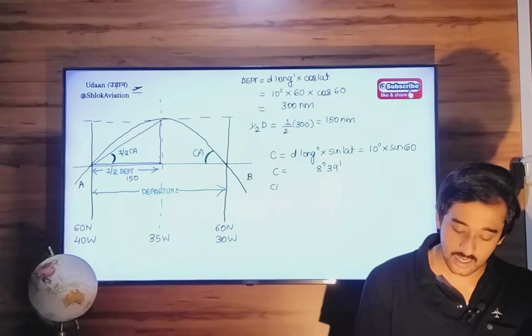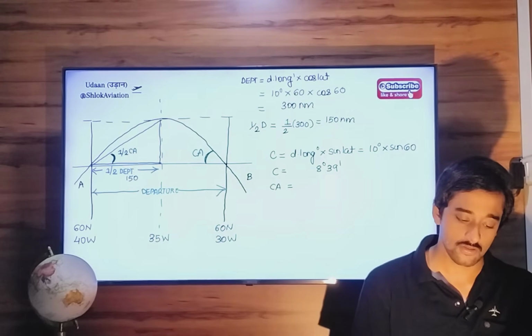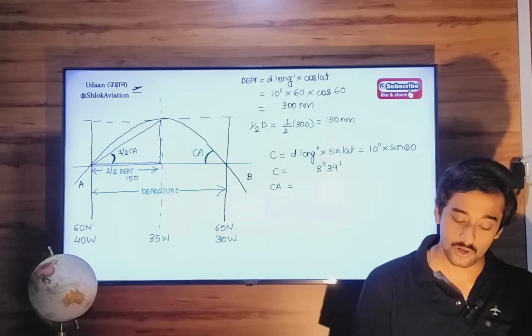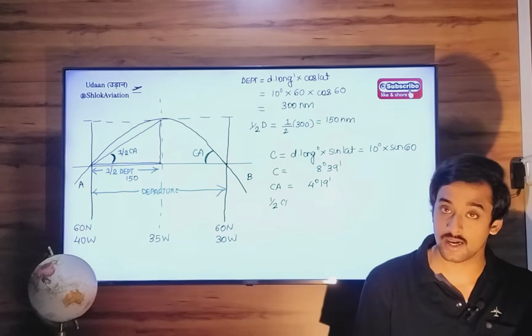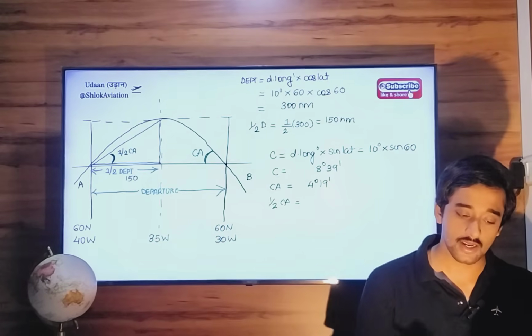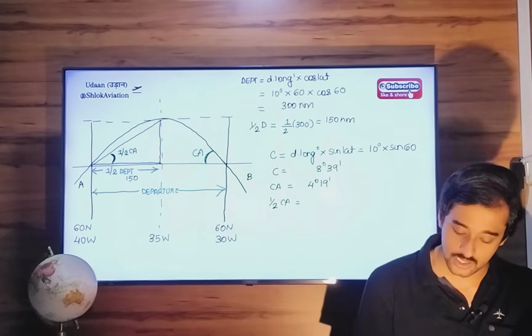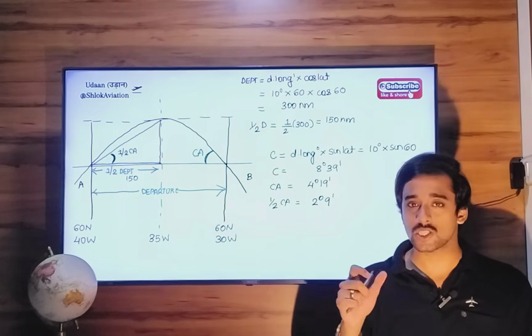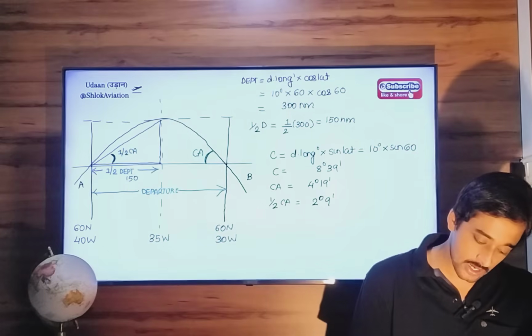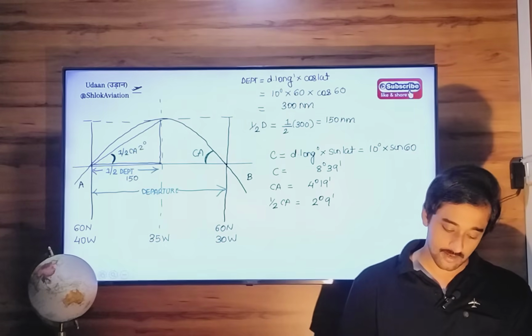So convergency angle will be half of that, 4 degrees 19 minutes, and half of the convergency angle again will be half of that, 2 degrees 9 minutes. So approximately 2 degrees. Fine. So 2 degrees. Now next step.